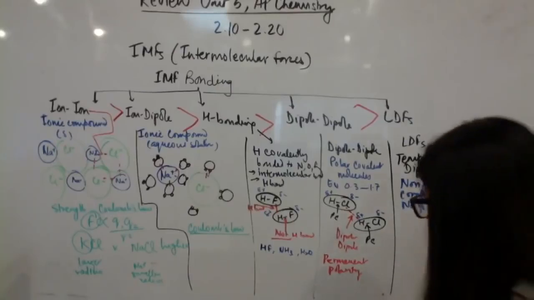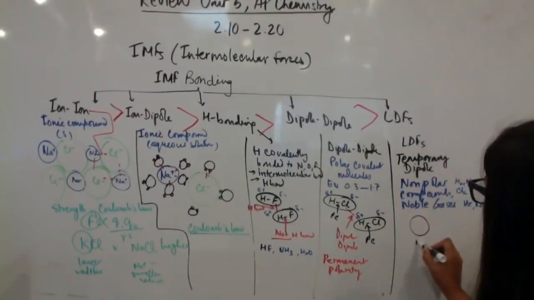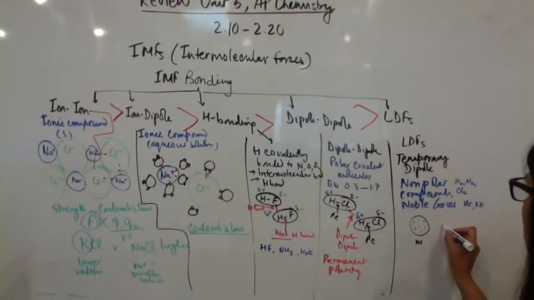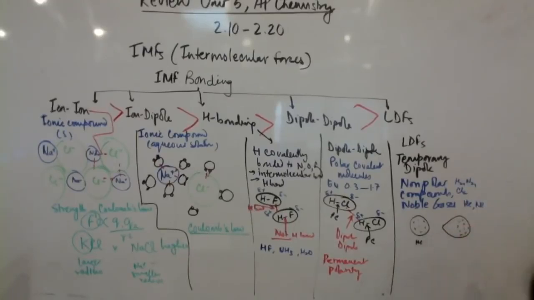And how they come about is, let's say this is neon and this is the electron cloud. A chance could be that all of the electrons, or most of the electrons, move to one side. So that side acquires a little negative charge, the other side acquires a little positive charge.